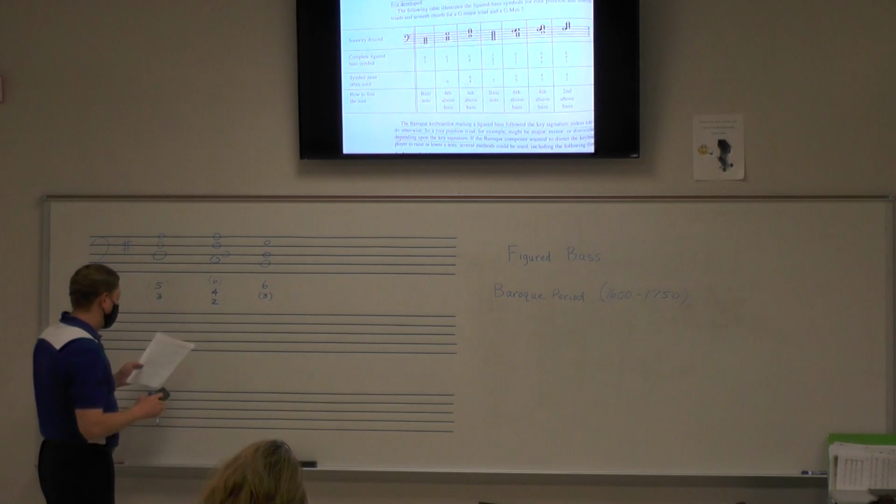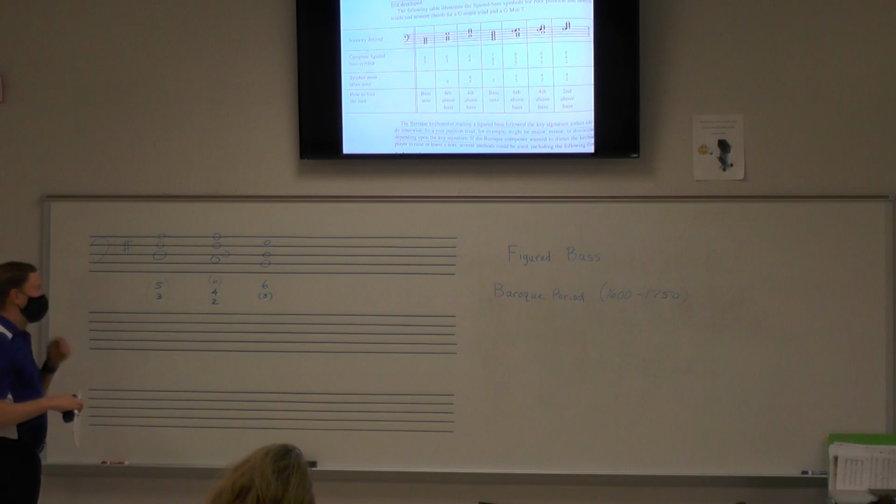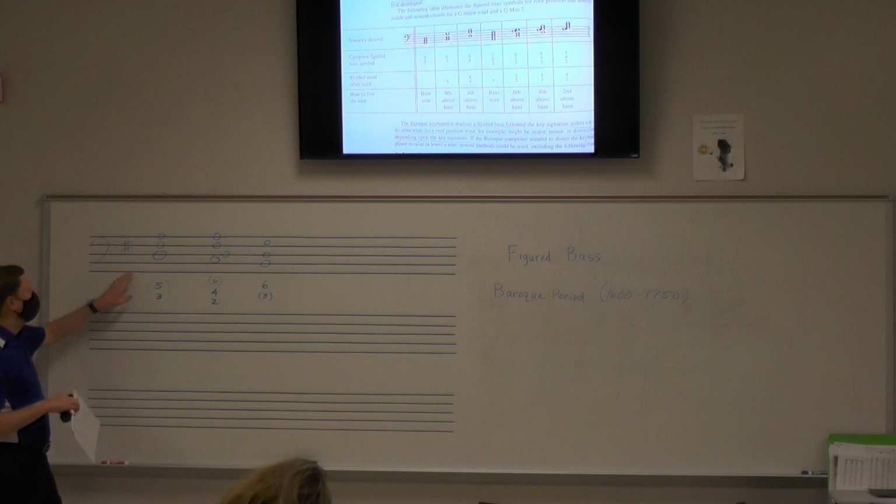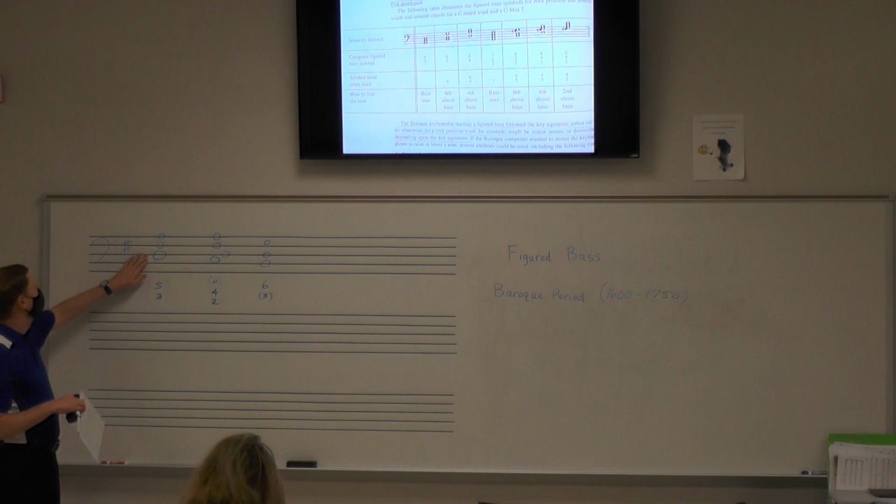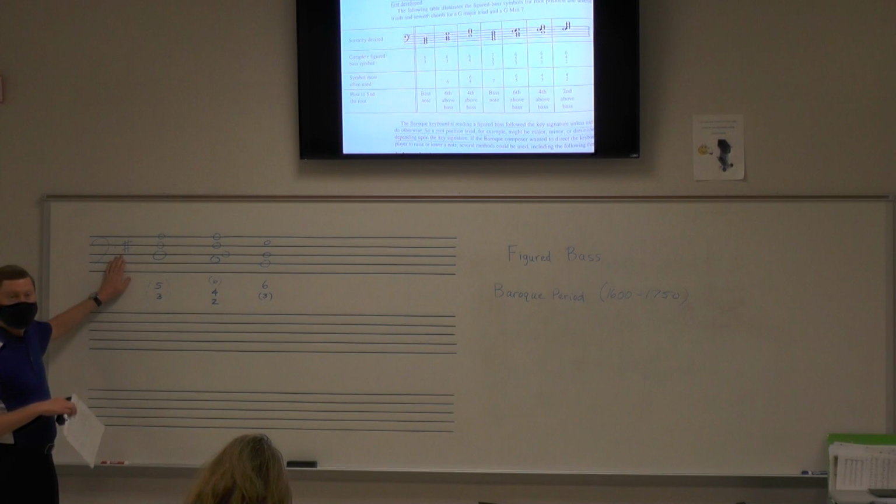All right, now, some composers aren't necessarily going to want the performers to play notes that fall in the key signature every time. What if a composer wants the keyboardist to play a note that's outside of the key signature?